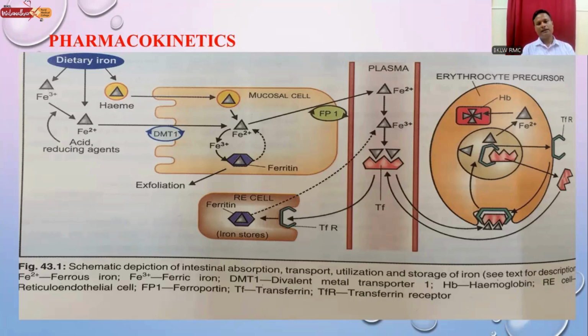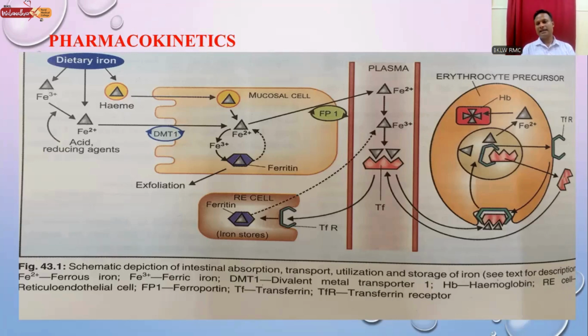When excess dietary iron is present, it is stored as ferritin in mucosal cells, while whenever the demand for iron is more, as in iron deficiency anemia, such stored ferritin is less, and this ferrous form of the iron is transported by the FP1 transporter into the plasma. In the plasma, this ferrous form is highly active.